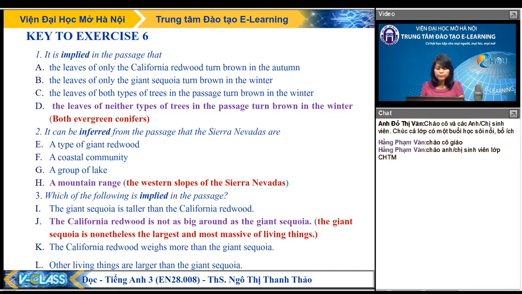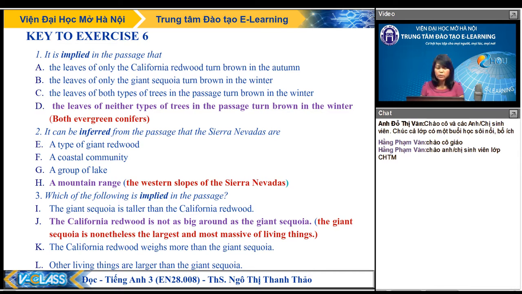What about number 3? Which of the following is implied in the passage? It is the second one: the California redwood is not as big around as the giant sequoia. Look at the clue here: the giant sequoia is nonetheless the largest and the most massive of the living things.